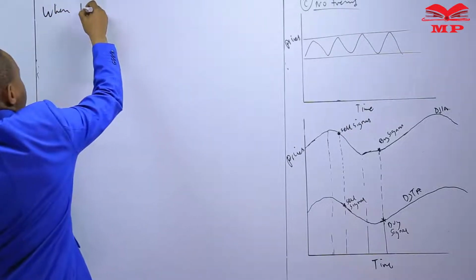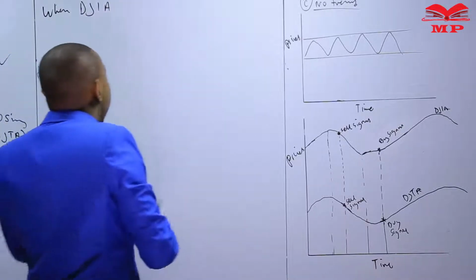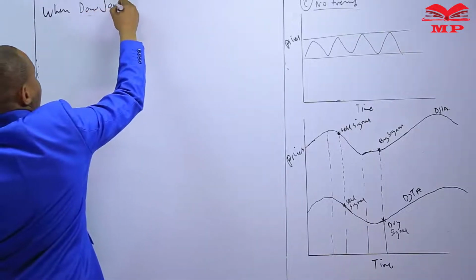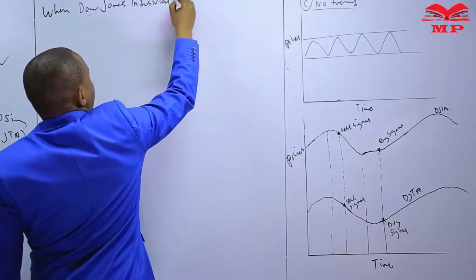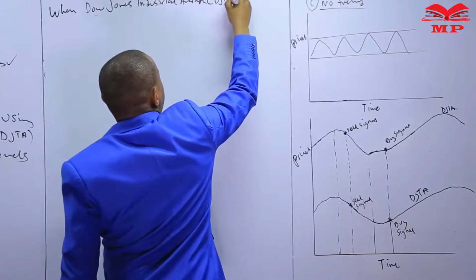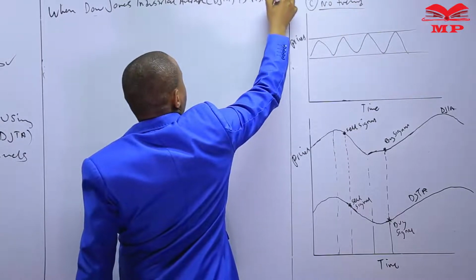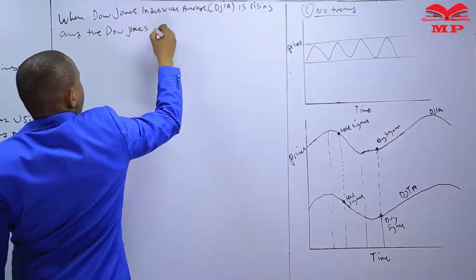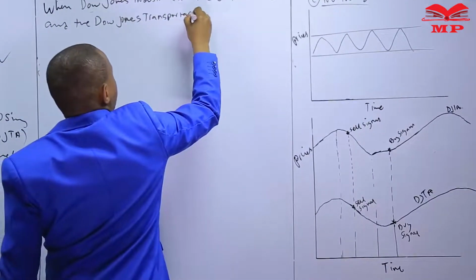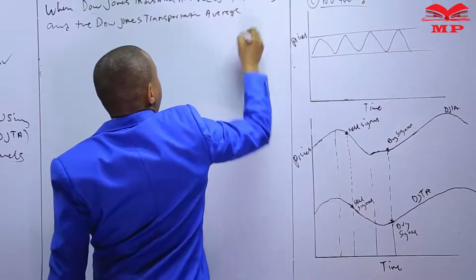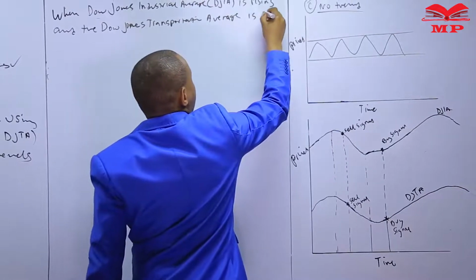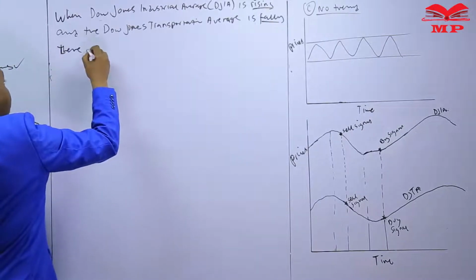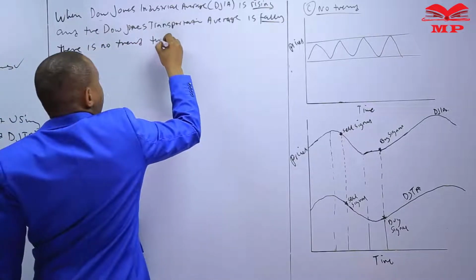When the Dow Jones Industrial Average, DJIA, is rising and the Dow Jones Transportation Average is falling, rising, falling, there is no trend that exists there.